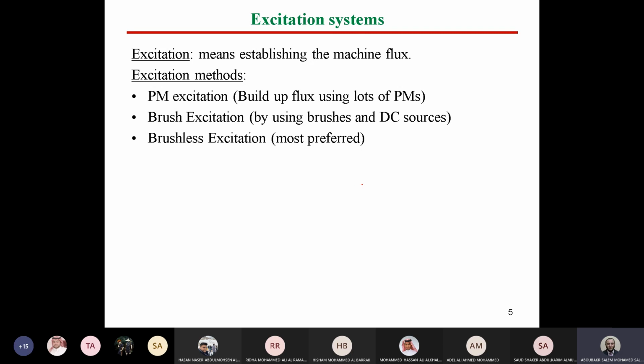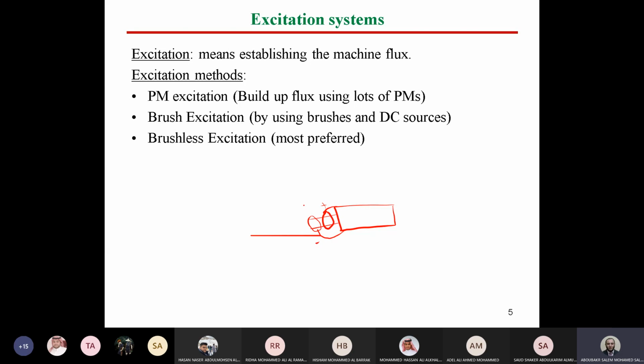But the function of the brush, let me just draw a small figure here. For instance, this is the rotor structure, and here we have the shaft. Assume we have one ring here, which will connect the positive terminal, and another ring here, which will connect the negative terminal.